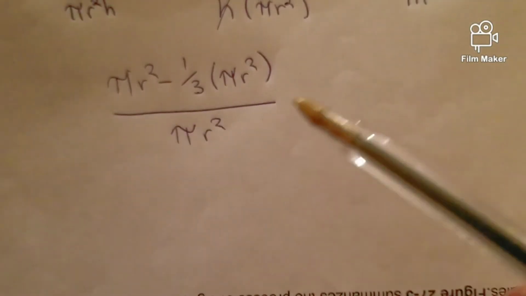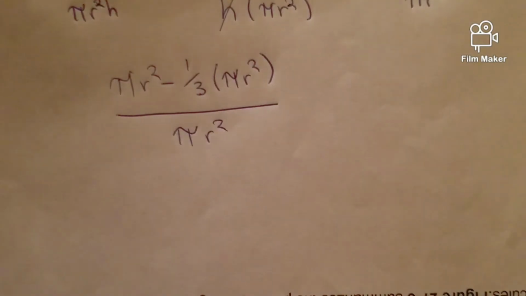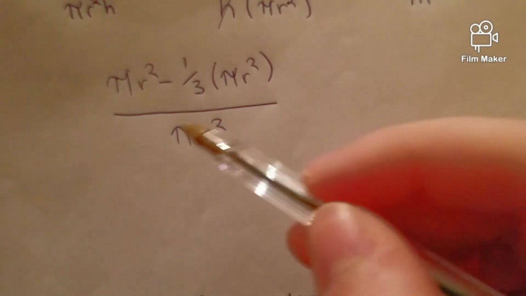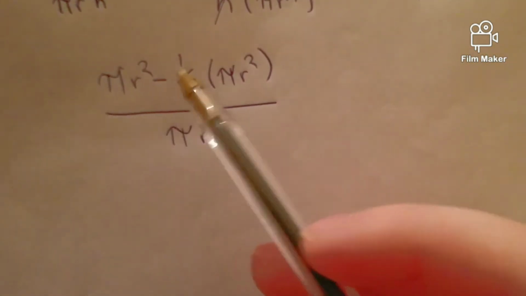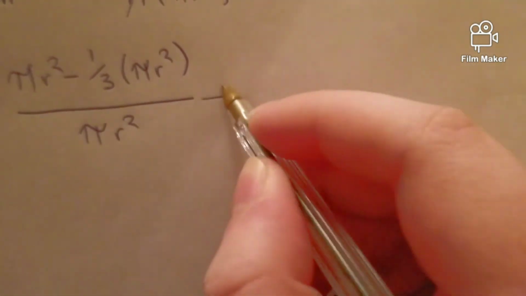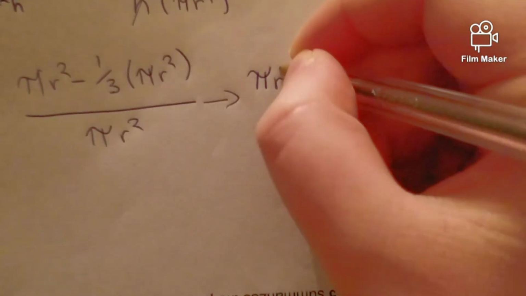Now the problem will look like this. Since the top and the bottom both have pi r squared in common, we can factor that out as well. A term must be common in all parts since the top is joined with addition. So now we are left with pi r squared times (1 minus 1/3) all over pi r squared times 1.